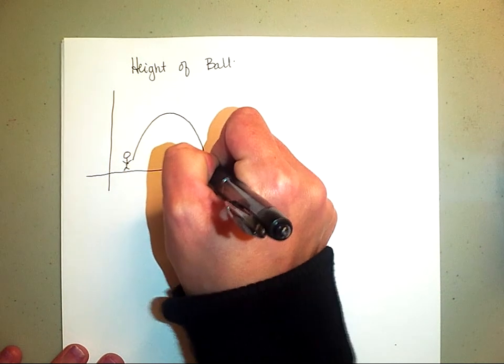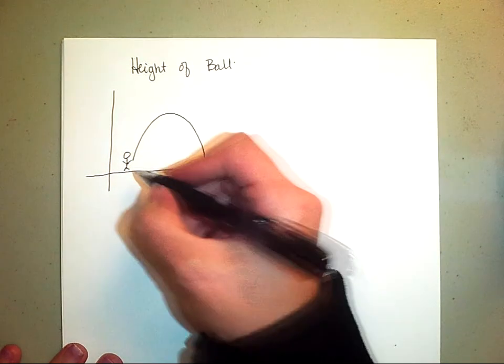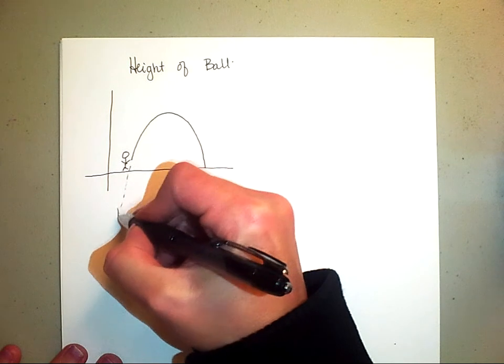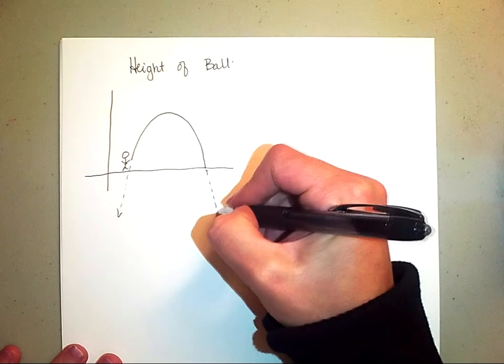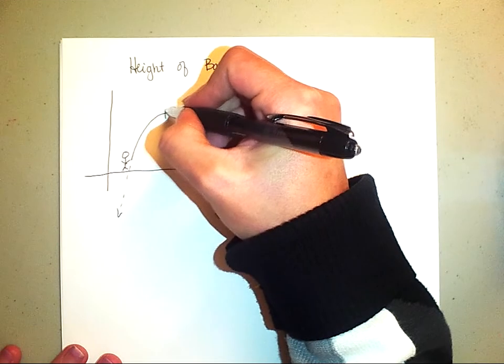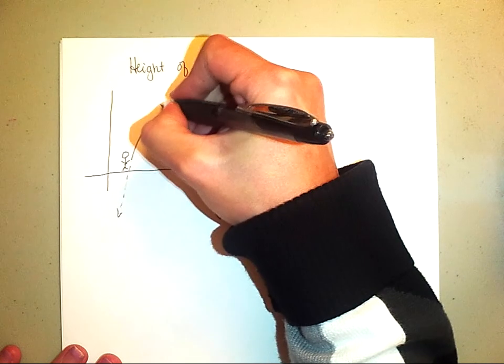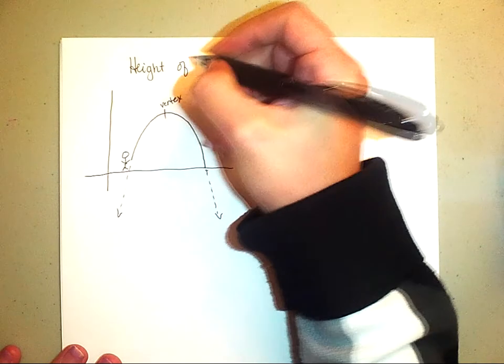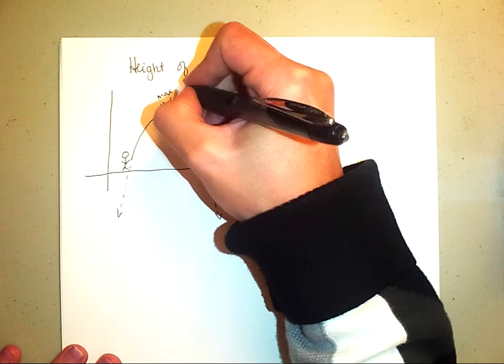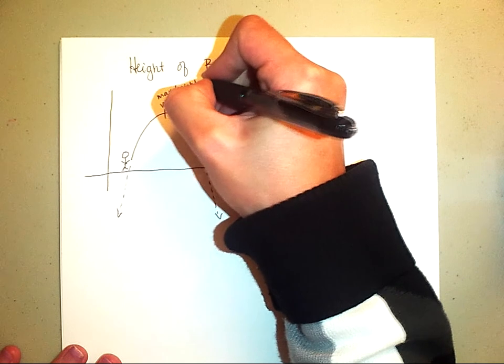What goes up must come down. If you think about extending this downwards, we really would have a parabolic motion, and we have a vertex here. This is concave down, and so there will be a max height in the air.